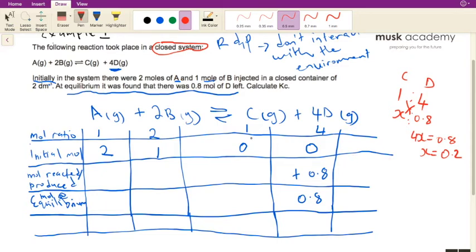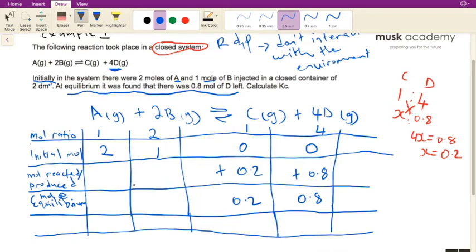So the moles of C that were formed are 0.2. So we put a plus here because this is what we added. If you add 0 and 0.2, you'll end up with 0.2. So at equilibrium, you'll have 0.2.